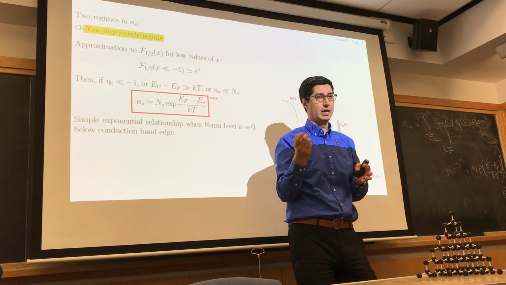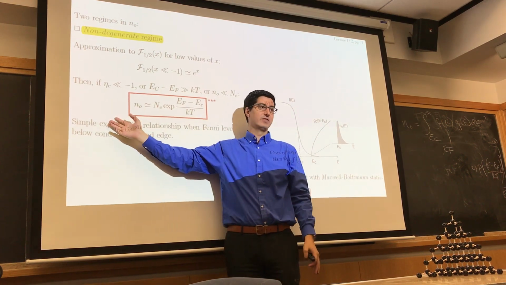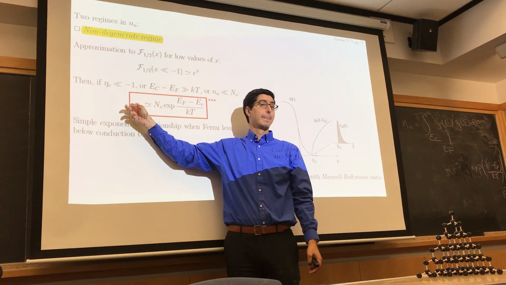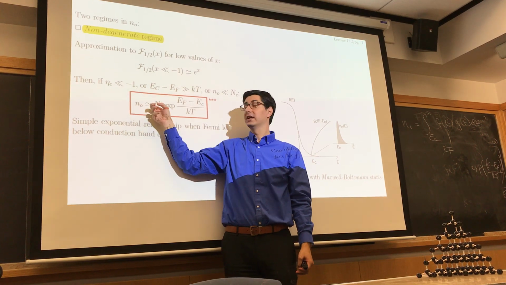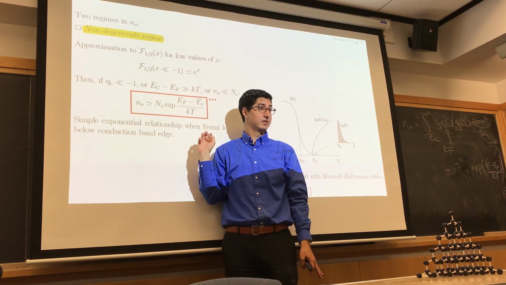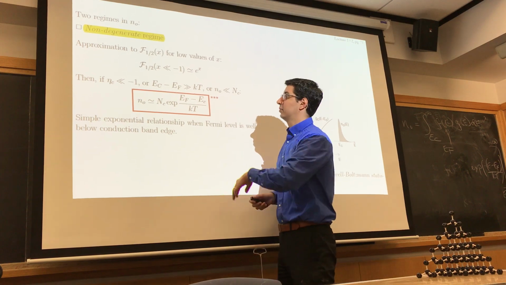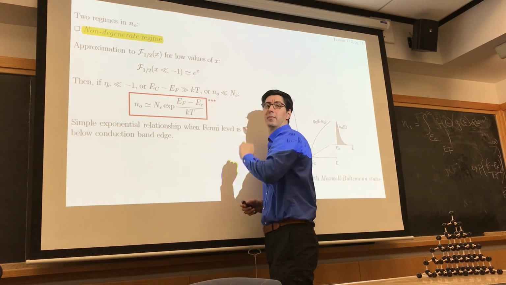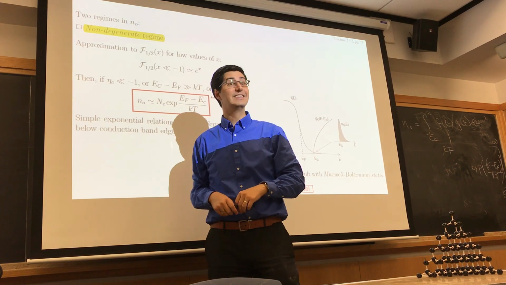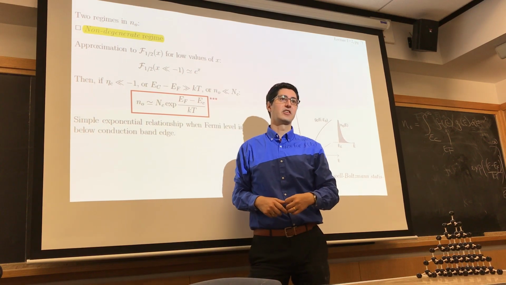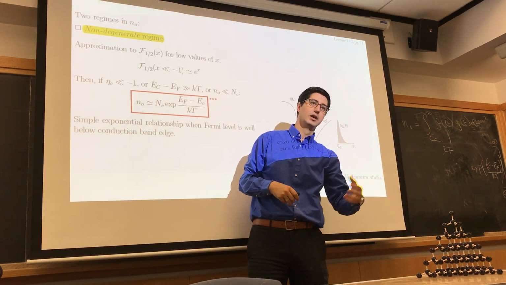Same thing with the valence band. The valence band is going to have the exact same expression. p naught is going to equal some NV, some effective density of states of the valence band, but it's going to depend on EF minus EV, but it's actually EV minus EF, okay? Why is that?